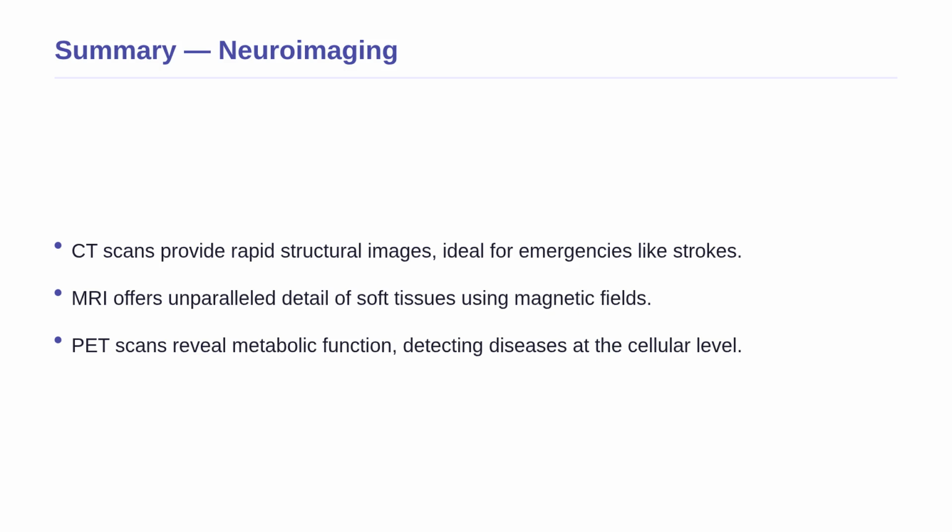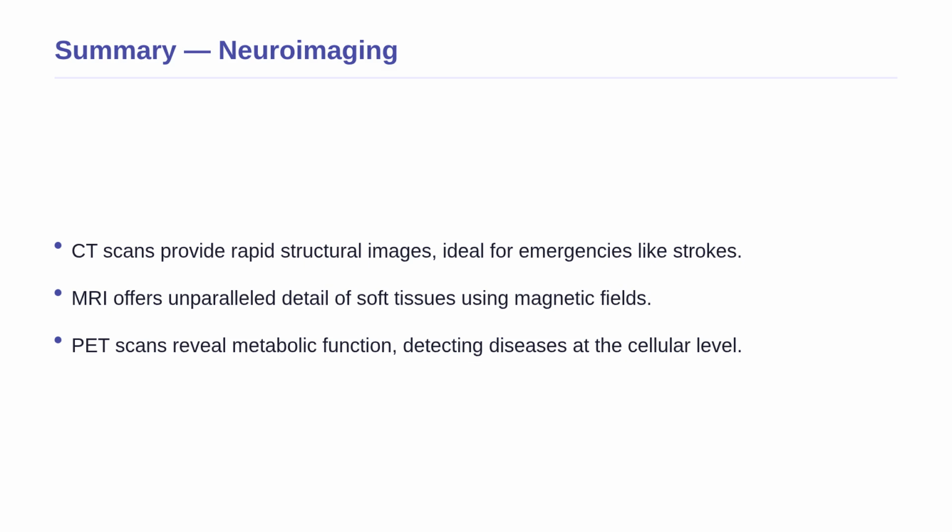We have covered a lot of ground today, so let us review the most important ideas. First, neuroimaging has revolutionized medicine by allowing us to diagnose nervous system diseases without invasive surgery. Second, each modality serves a specific purpose.